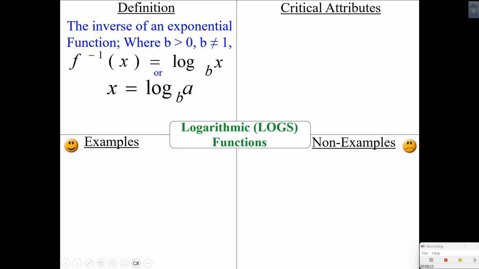Now, it is fairly obvious if you look at it that this is a logarithmic function because it has what in its equation or in its function? Tell your neighbor, what does it have that tells you that it's a logarithmic function? What do you see?